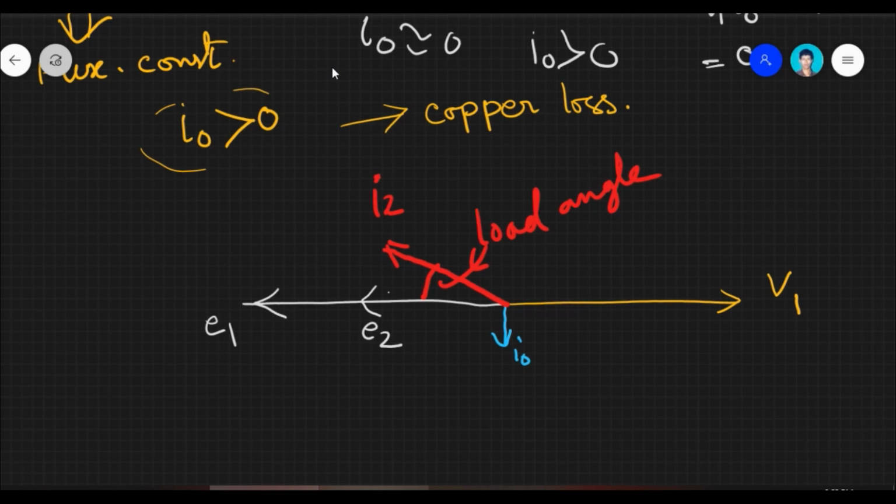Now, what about the primary current? E2 is equal to N2 by N1 times E1, fine. And accordingly, you will get a reflection of this I2. You may call it I2 dash.